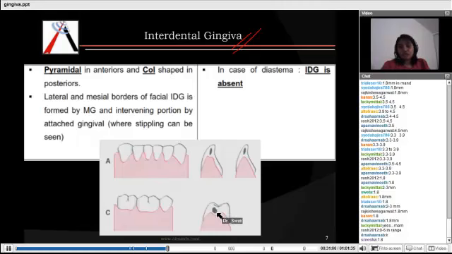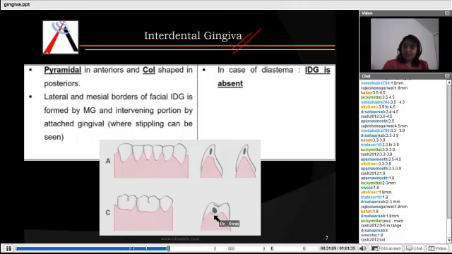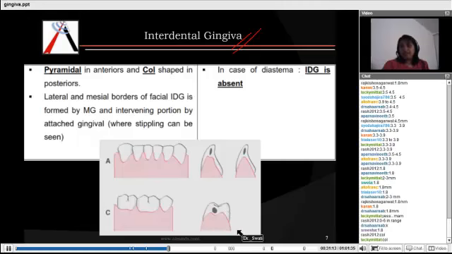Most of the time incisors have the tip at the top, but many times when the contact moves downwards, the tip gets flattened. Basically, your interdental gingiva will adapt to the shape of the contact area.